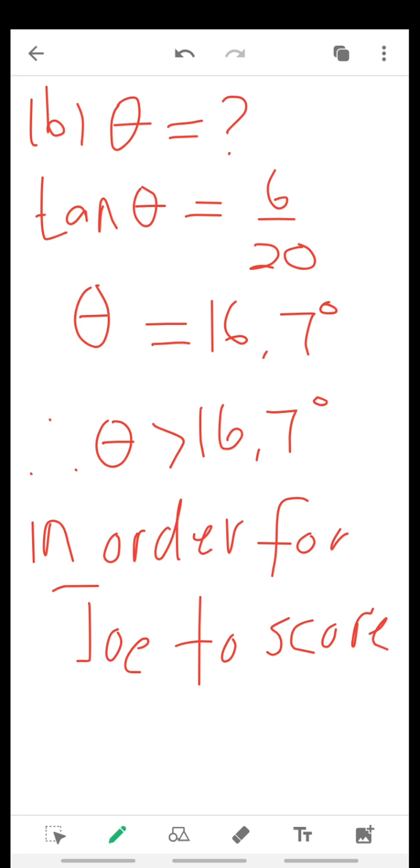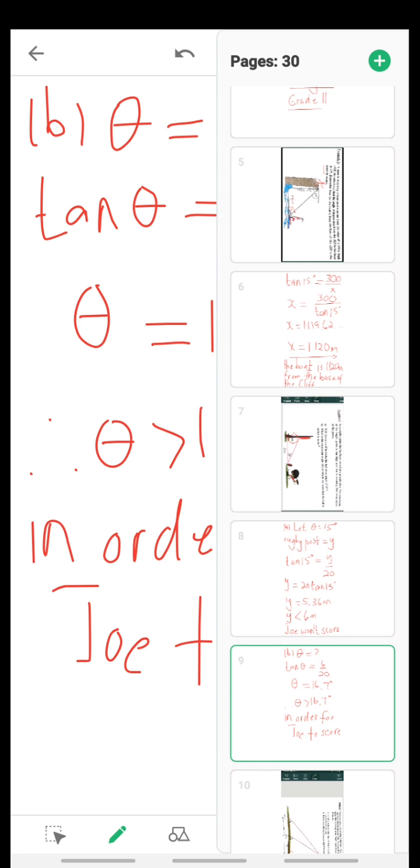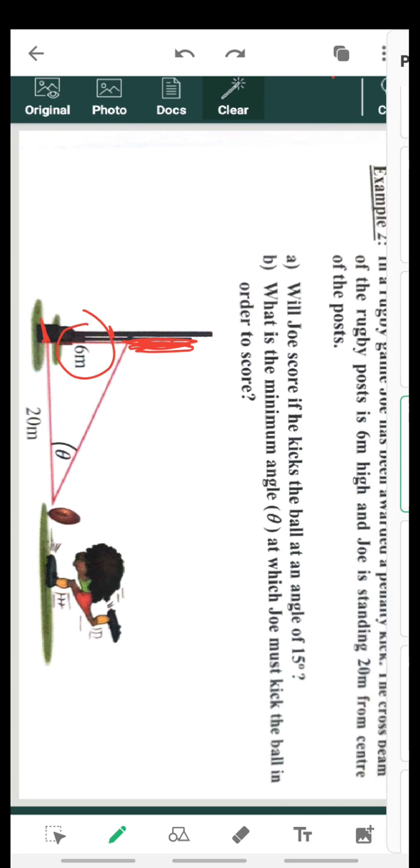Now remember, 16,7 degrees. Let us go back to our sketch. 16,7 degrees will be what? The angle between the horizontal length, which is 20 meters, and the hypotenuse there.